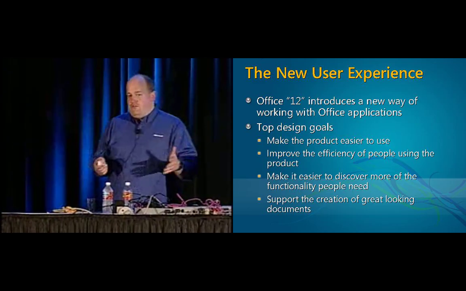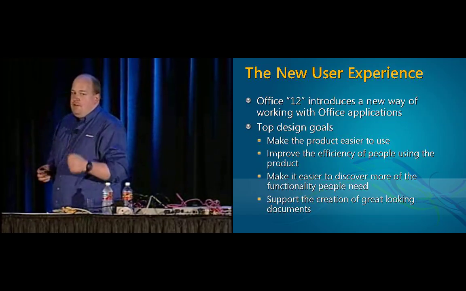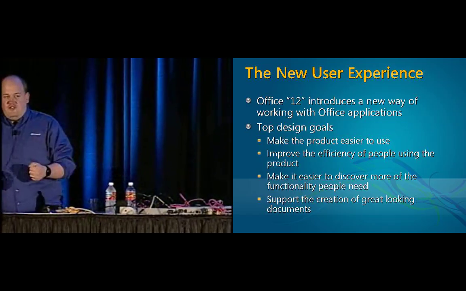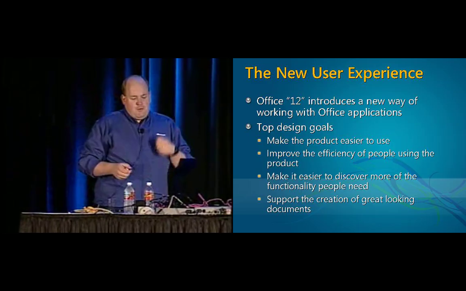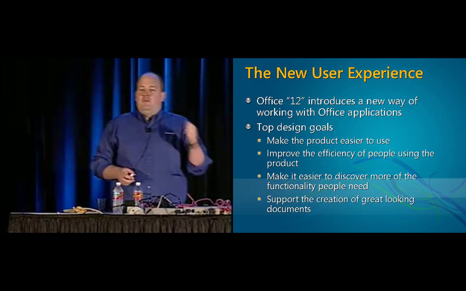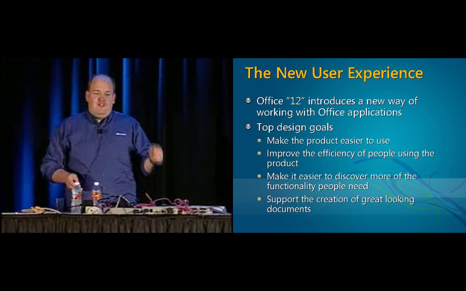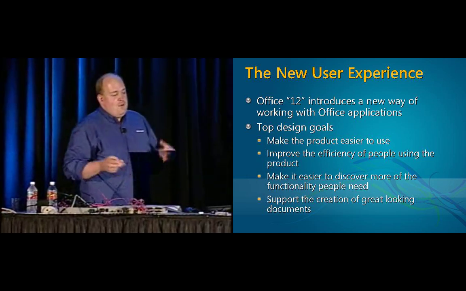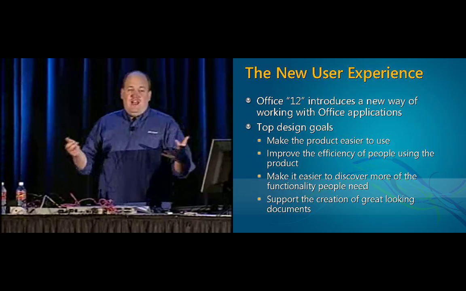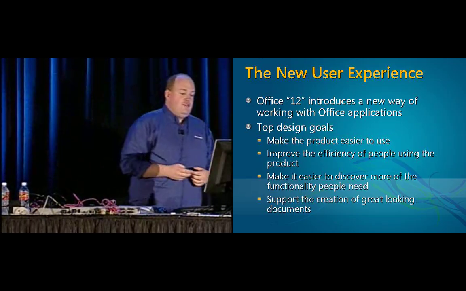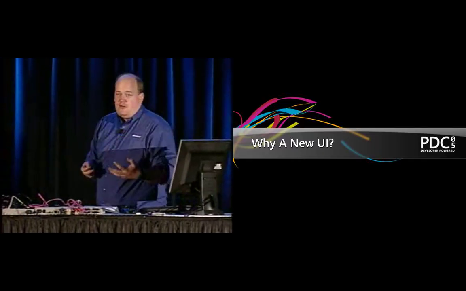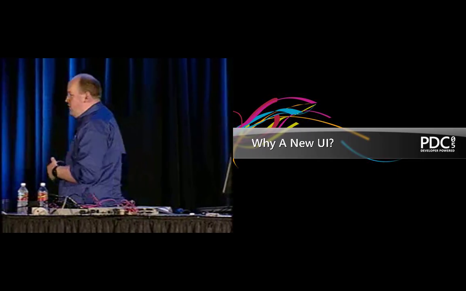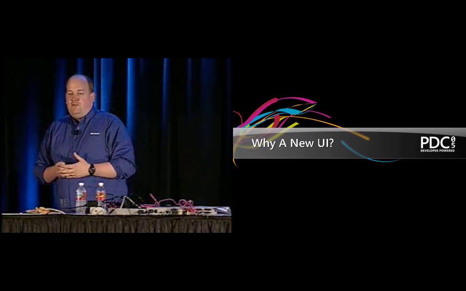I only know how to use 5 or 10 things, yet every release we build a feature set based on the things you all tell us that you need, and we work hard, we put it in the product, and then people continue using those same 10 features that they knew 15 years ago. So we wanted to make it possible for you to find the things that you need to get your work done faster. And we also wanted to support the creation of beautiful, better-looking documents.